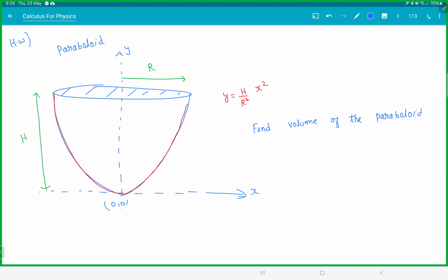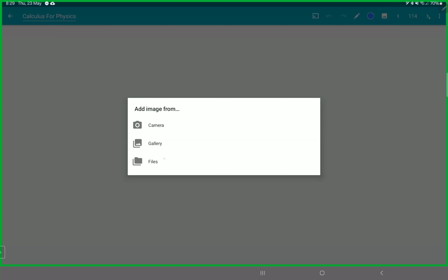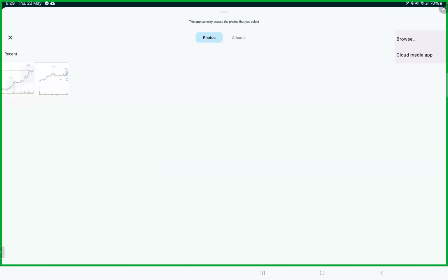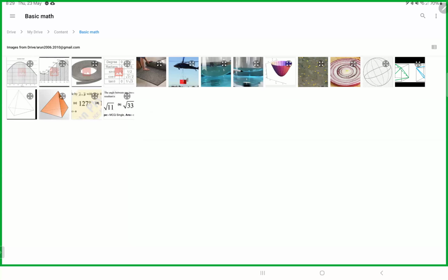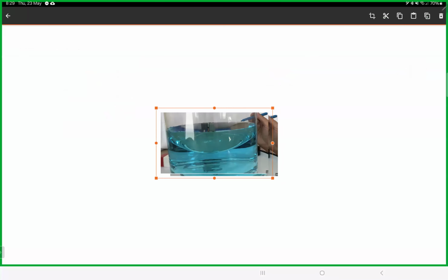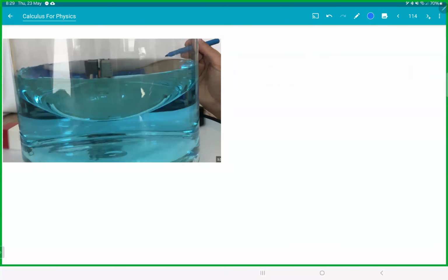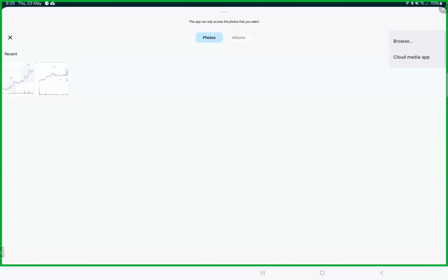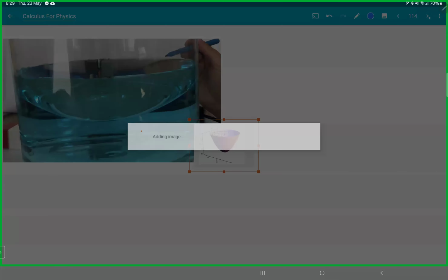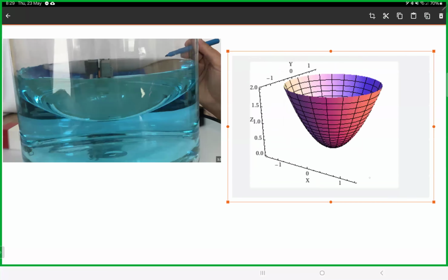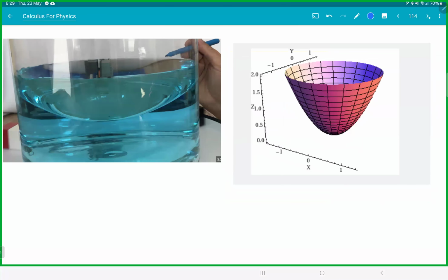Let me show you how this looks. Where do you get the shape? Did you ever rotate the water in a bucket, or rotate some liquid with a spoon in the glass? That is the shape you get when you rotate water. It forms a bowl kind of shape. Able to visualize now? Put your hand in the bucket and rotate it. You will see the water becomes a bowl shape.